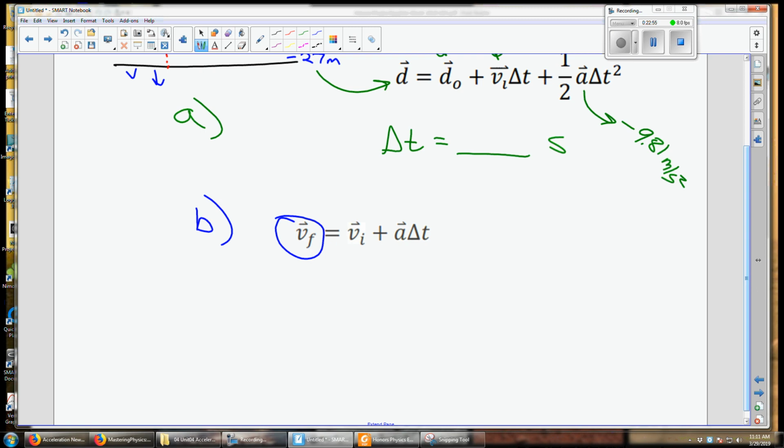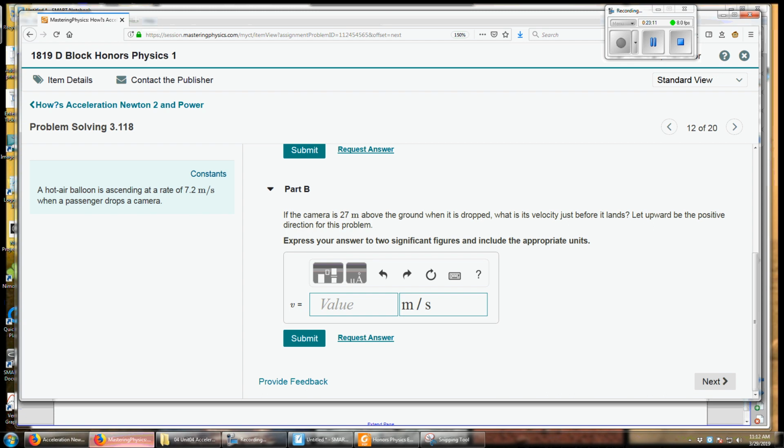I know my initial velocity. This was what I started at. I think for me it was positive 7.2 meters per second. I wrote 7.5. No, 7.2.